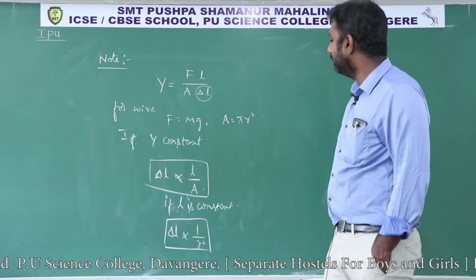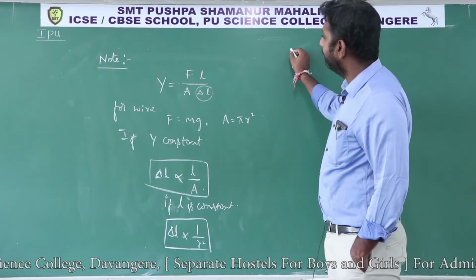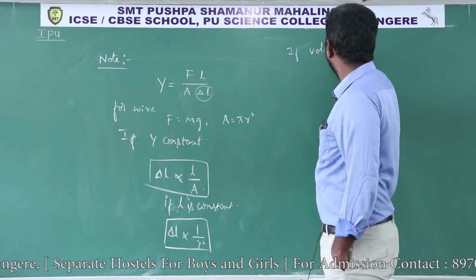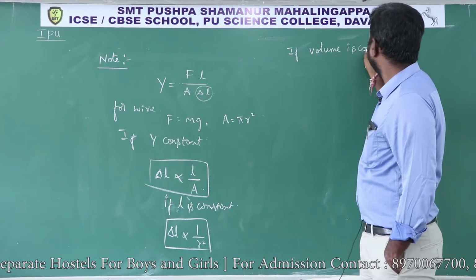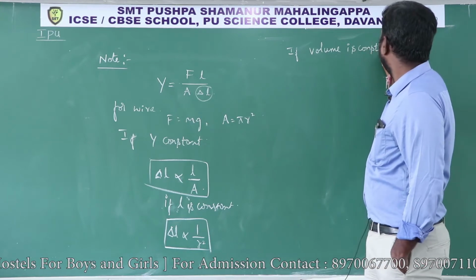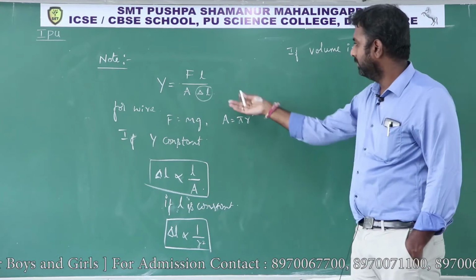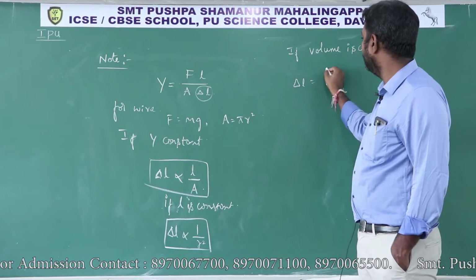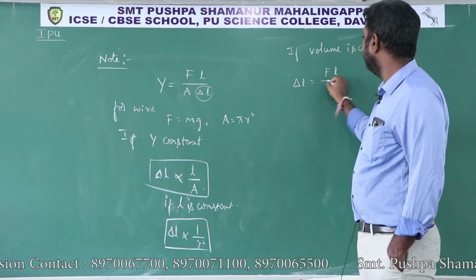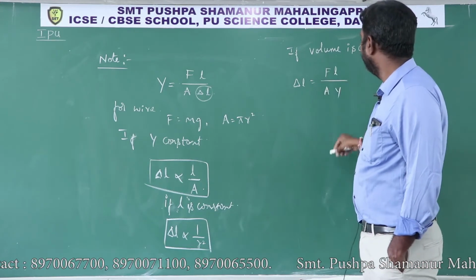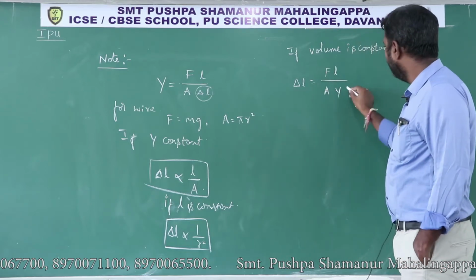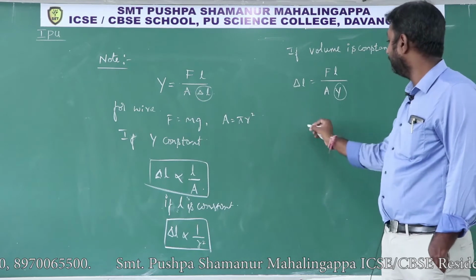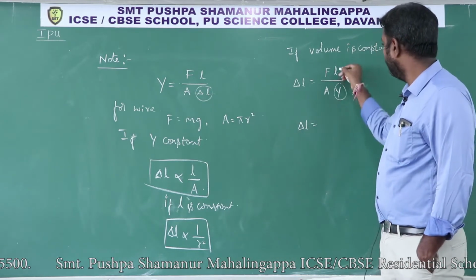Young's modulus is for solids. And if volume is constant, we have this formula, right? So I'll write here delta L is equal to F L divided by A into Y. In this formula I considered Y constant, F constant, and volume also constant, but here there is no volume.